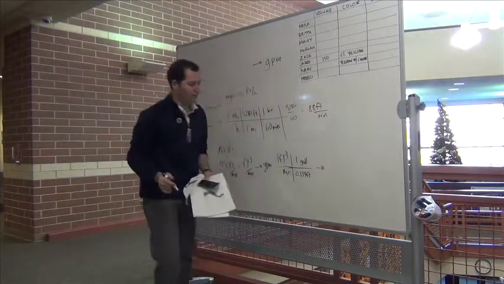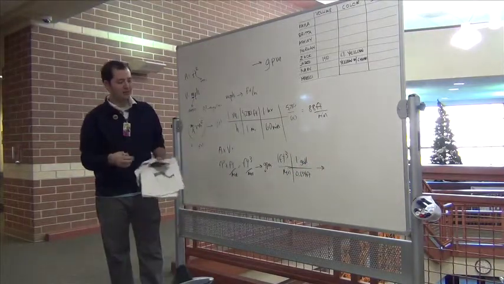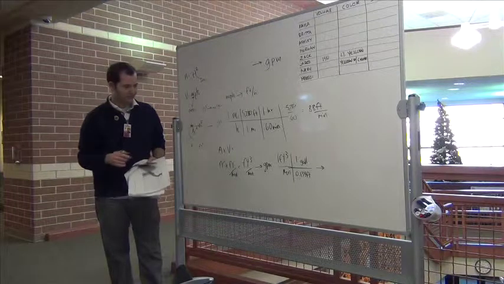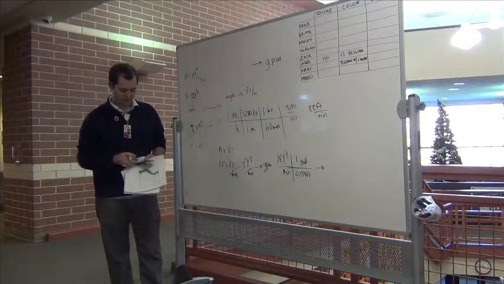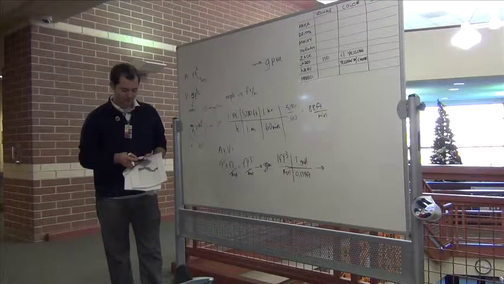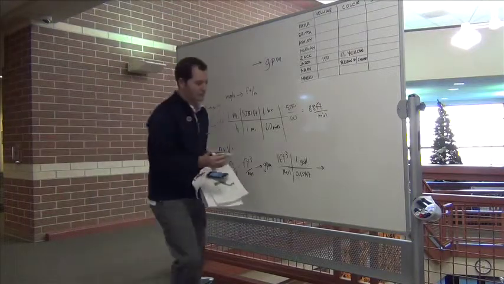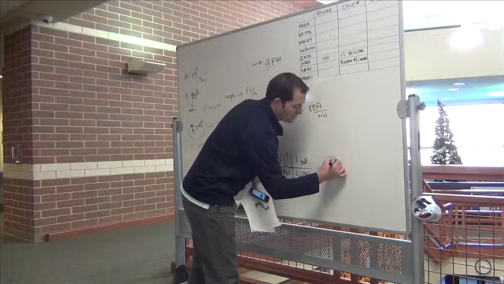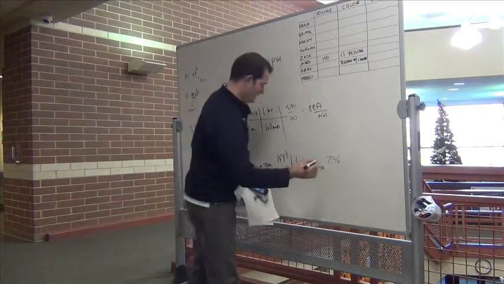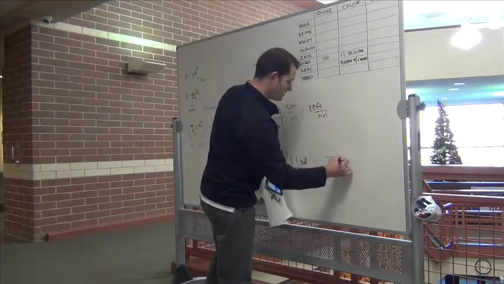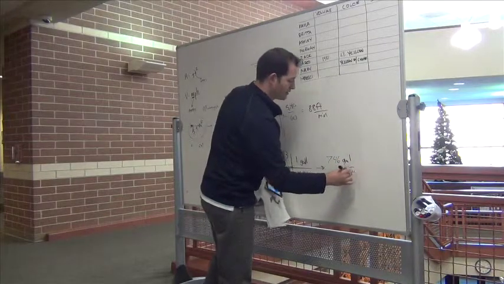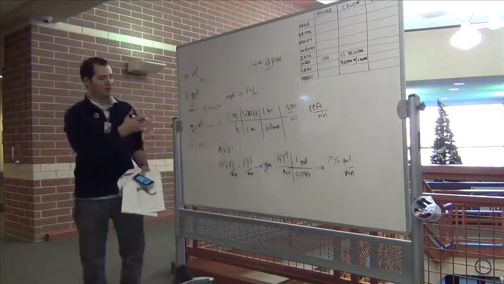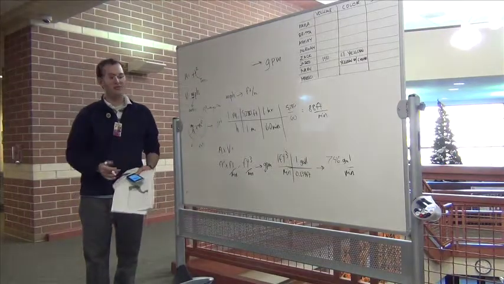So we need to take 1 divided by 0.134, which is 7.46268656, about 7.46. So 1 cubic foot per minute is equal to 7.46 gallons per minute.